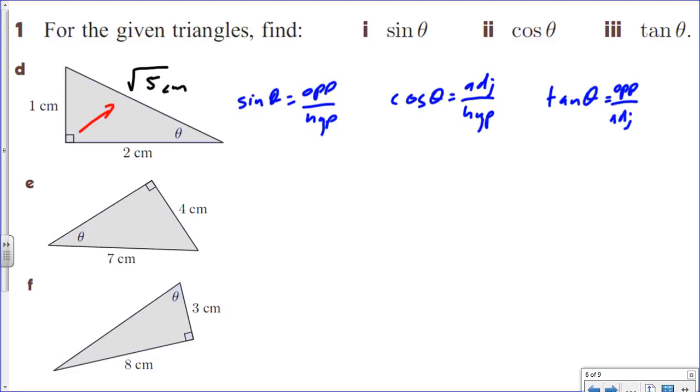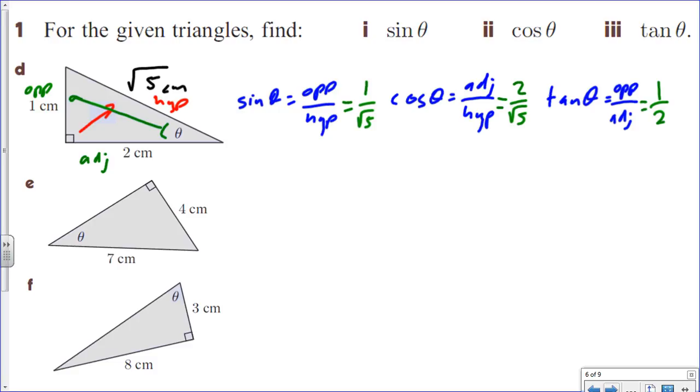So opposite the right angle is our hypotenuse. We've got our marked angle just here. Opposite that is going to be our opposite side. Then this side is going to be our adjacent side. So we now can write that in. Sine theta is going to be 1 over square root 5. This one here is going to be 2 over square root 5. And the last one, tan theta, is going to be 1 over 2.